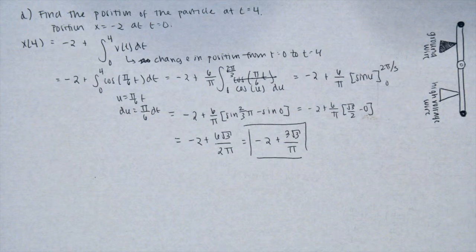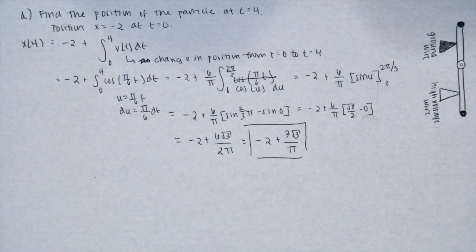So we're going to make a new function. Let's just call it x. So we'll say that x of 4 equals negative 2 plus the integral of v of t from 4 to 0. Notice we don't put the absolute value sign like we did in part B because we're measuring displacement or the change in position and not distance.